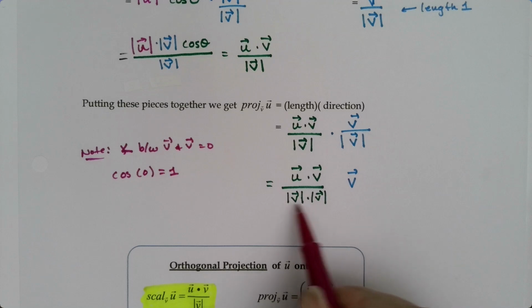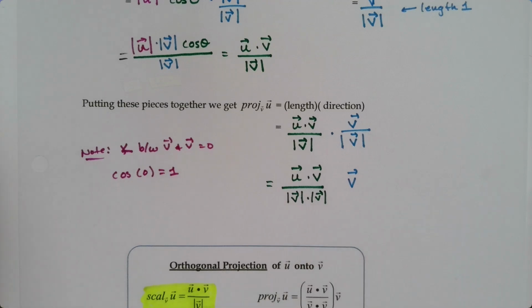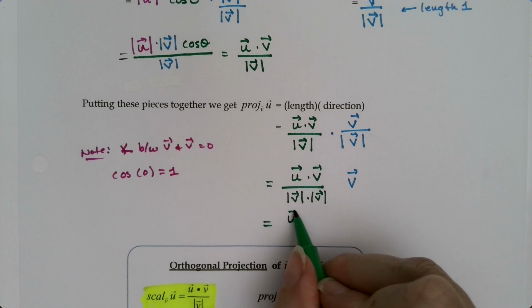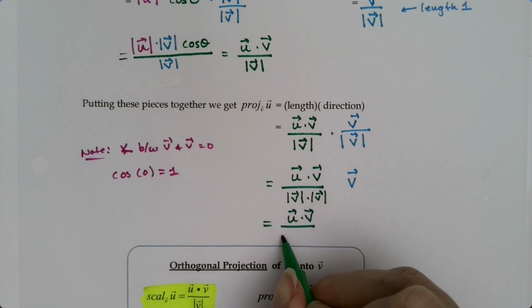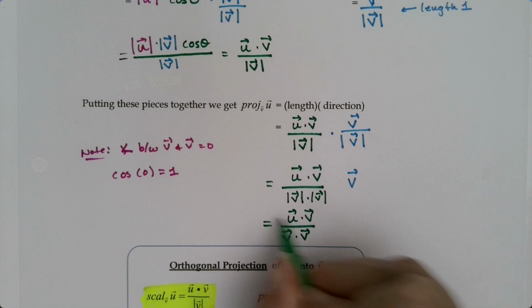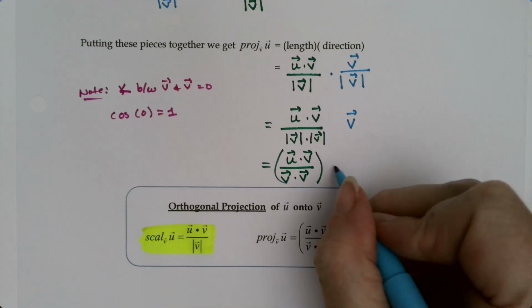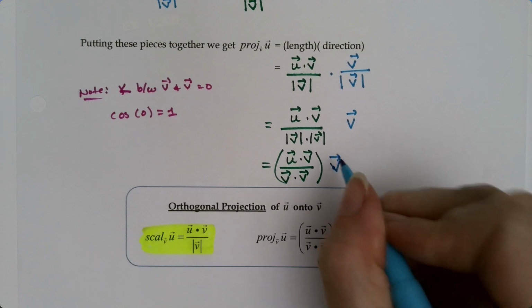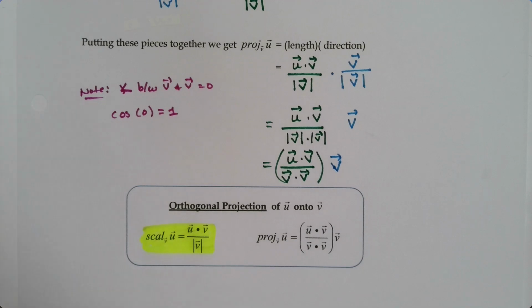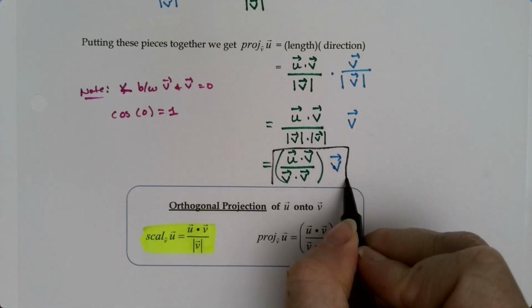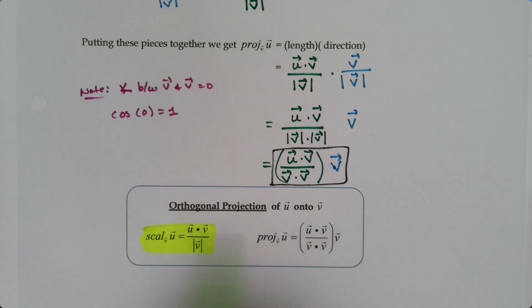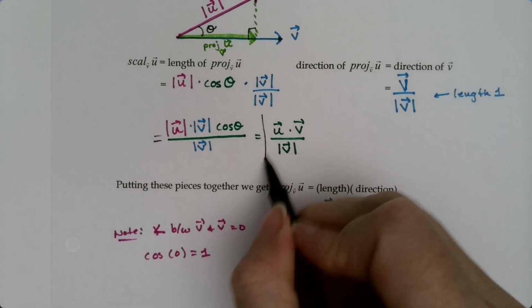So this is actually a dot product as well. So this is the dot product of u and v over the dot product of v with itself. And that will all turn into a scalar, a number. And then we'll multiply it by the vector v to have our vector answer, because the projection is a vector. And there's our formula, our second formula. So here's the first one, and there's the second one.